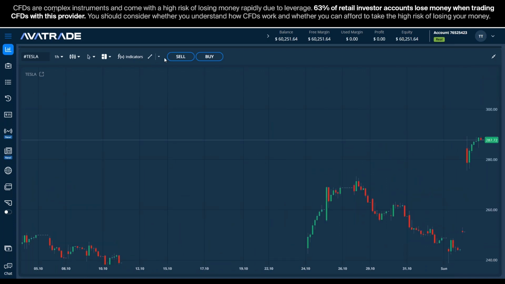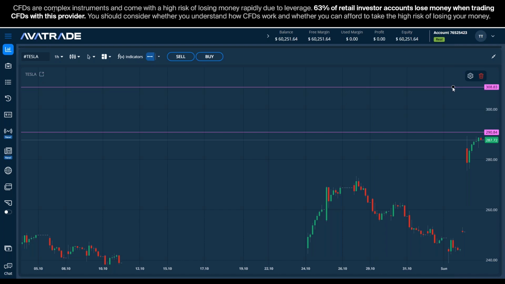And so we'll draw lines here. 290 is right here. It just reached the first take profit recommendation almost and stopped. And then if we draw another line, 308, that is about there.